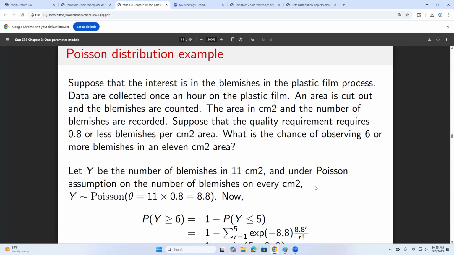That unit could be a unit interval, unit area. Here it is on unit area, defined on every centimeter square. On every centimeter square, the number of blemishes follows a Poisson distribution. So over an 11 centimeter square area, it will again follow a Poisson distribution, but its parameter will be multiplied by 11. So it will be 11 times 0.8, which is 8.8.